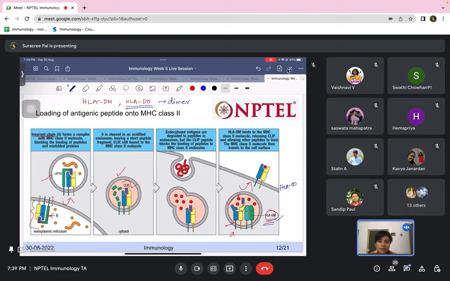But once HLA-DO is dissociated, HLA-DM will be free and it can bind to the MHC class 2 molecule, so that it can release the clip, and the MHC can now bind to the antigenic peptide and finally be transported to the cell surface.